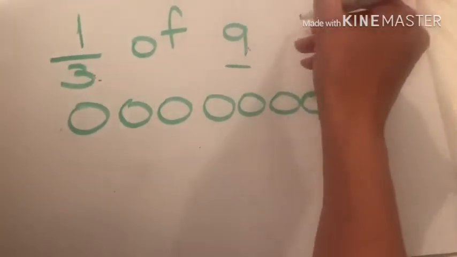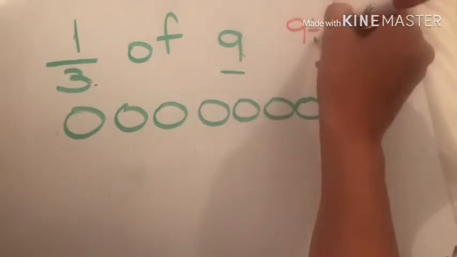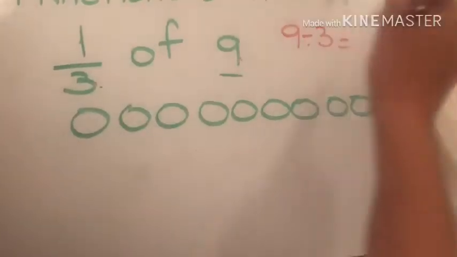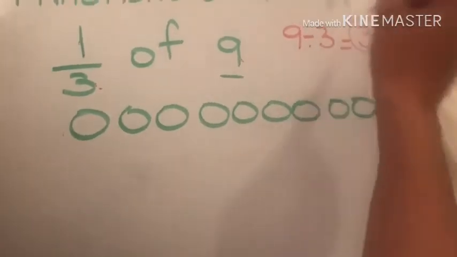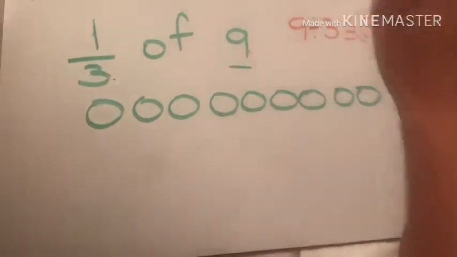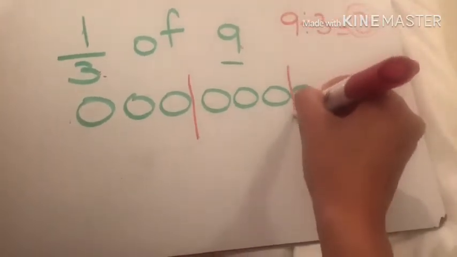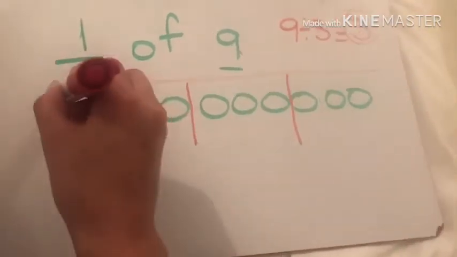By now you already know your math facts, and this should be really easy for you. 9 divided by 3 equals 3. So that means I have to put 3 in each group. So I have 1 group, 2 groups, and 3 groups. And then I'm going to do my bar.